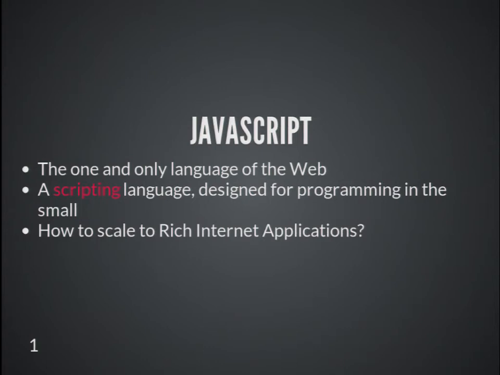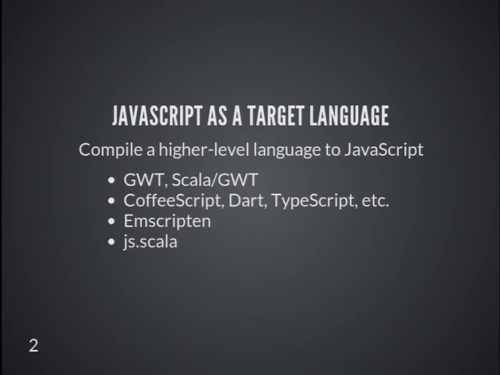So it has become common to want to generate JavaScript from some other language, and other people have done that before me. GWT and Scala GWT, big frameworks; CoffeeScript, Dart, TypeScript, just more lightweight layers on top of JavaScript that help you with either syntax or classes or even some rudimentary type system.